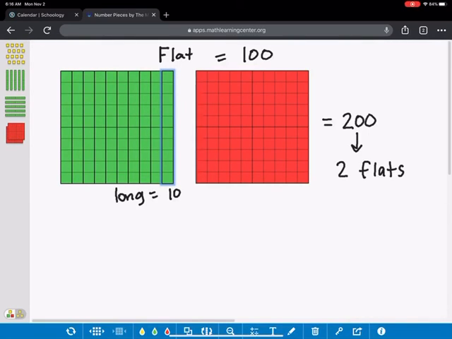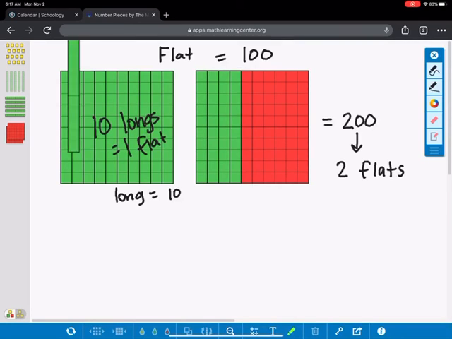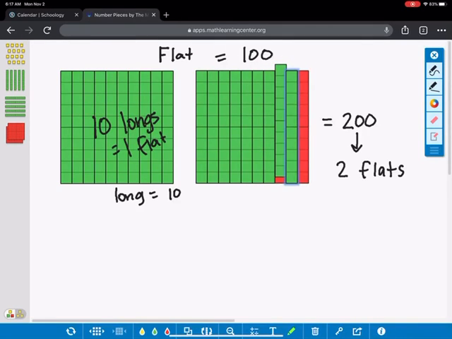Okay, so we've got a total of 10 longs, and 10 longs equals 1 flat. And then we could do the same thing over here. We drag these 1, 2, 3, 4, 5, 6, 7, 8, 9, 10.